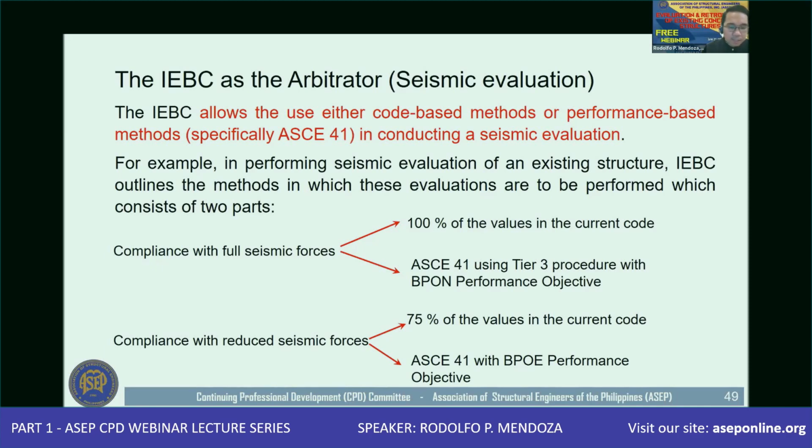So clearly, it gives you an option. If you prefer code-based assessment, you can go with the code-based, but the seismic force that you will use in your design shall be based on the type of work that you will be doing. So that means you will either use full seismic force or reduced seismic force.